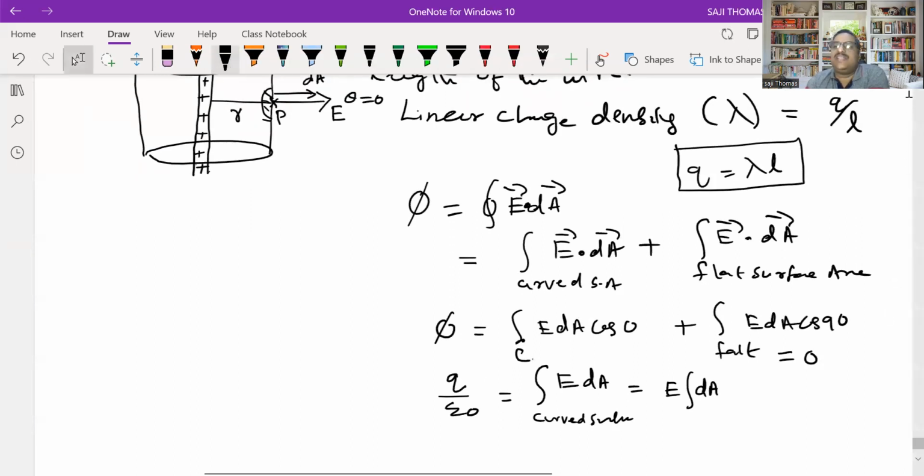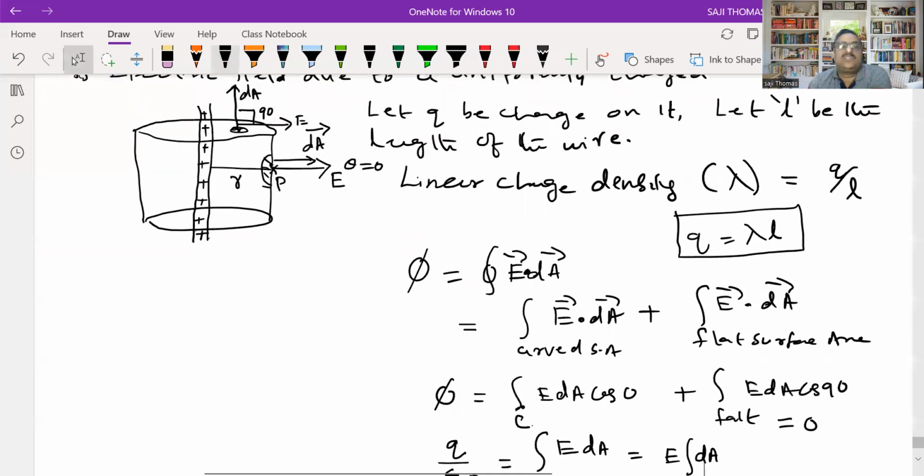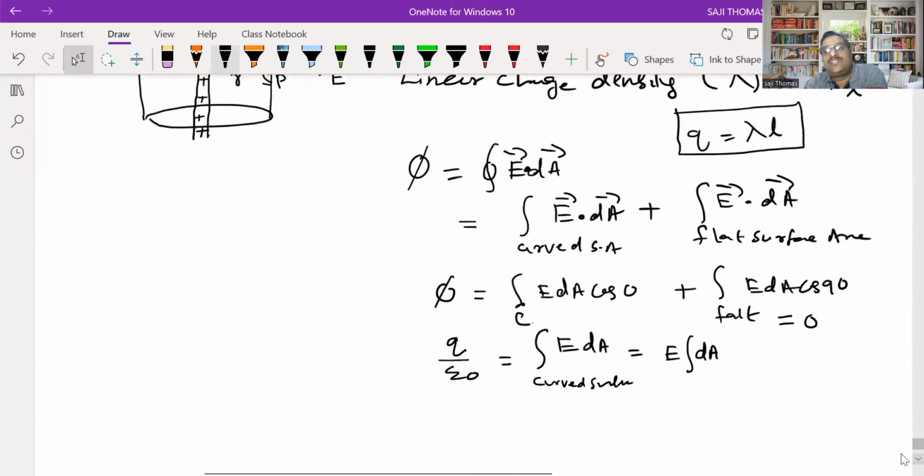I told you that you have to consider the curved surface only, right? dA is a small area on the curved surface, so integral dA will be the total curved surface area. And you know the curved surface area of a cylinder, what is the equation? 2 pi RL.